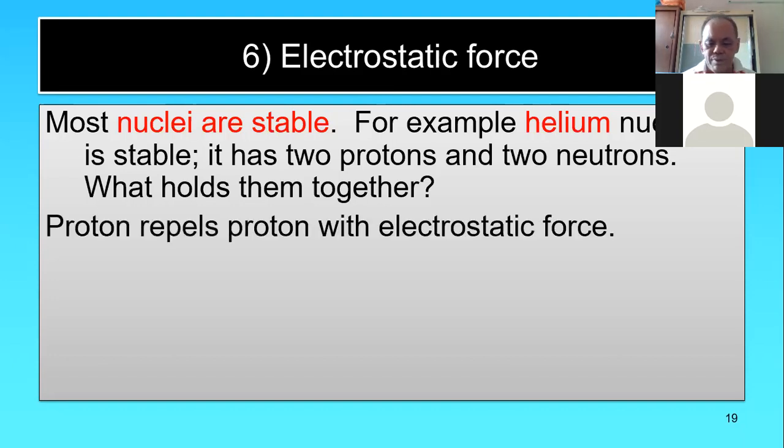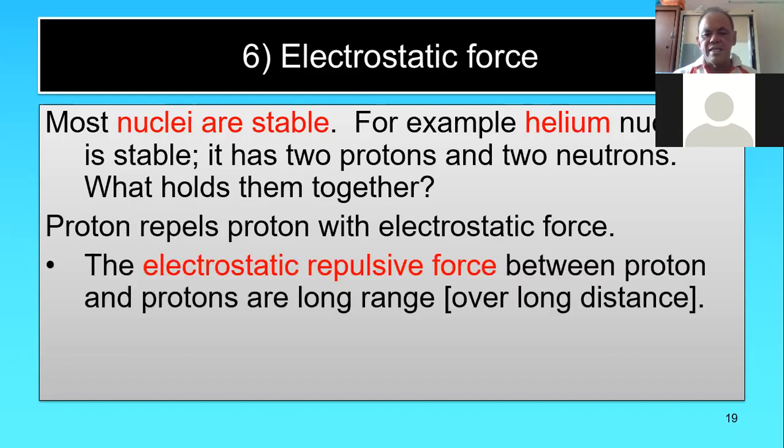Proton and proton repel with electrostatic force. This electrostatic force is a repulsive force, and we call it long range. That means it acts over long distance. It exists outside the nucleus, not within the nucleus alone, but the distance it covers is far outside the nucleus.